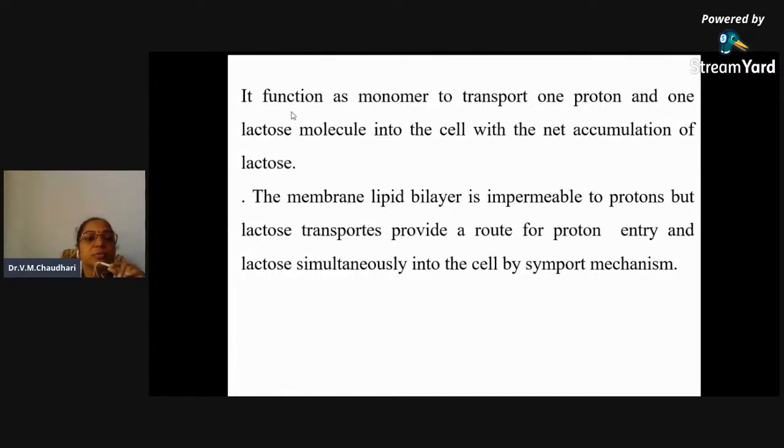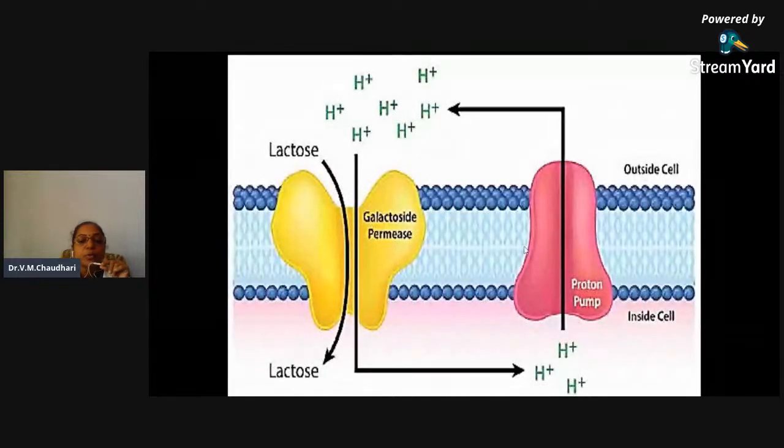Lactose permease functions as a monomer to transport one proton molecule and one lactose molecule inside the cell with the net accumulation of lactose. Net accumulation of lactose means only lactose is accumulated inside the cell, while the protons which are accumulated inside the cell, with the help of the proton pump, that H+ again comes outside the cell. ते पुन्हा सेलच्या बाहेर निघून येतात, कारण increasing concentration of H+ ions is again toxic to cell.